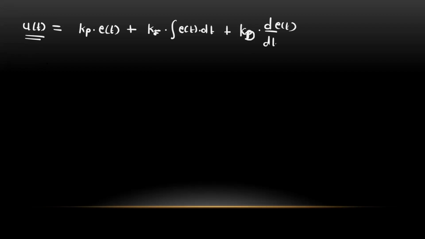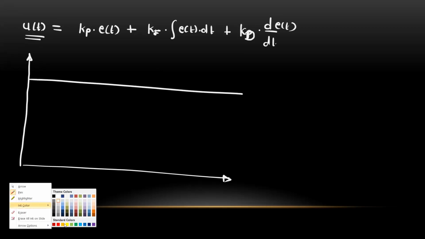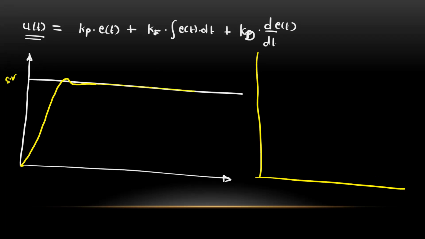Okay, and because of that, we will get a very stable output. So suppose this is the set value or the desired value, and this is the process value. Okay, or we will expect the output like this.